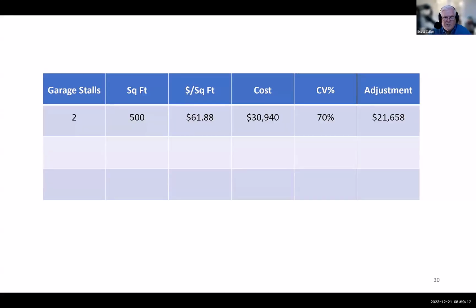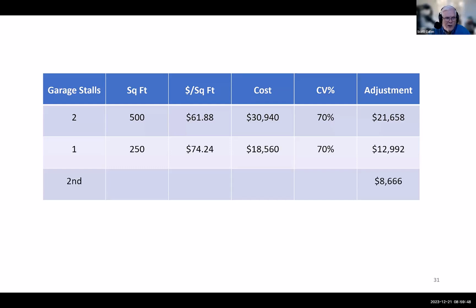Garage stall adjustments start with the size of the garage. This 2-stall garage has 500 square feet at an average cost per foot of $61.88, totaling $30,940. If the contributory value percentage is 70%, an adjustment of $22,000 is supported. This is for 2 stalls compared to no garage.